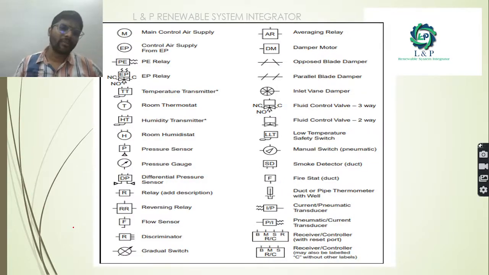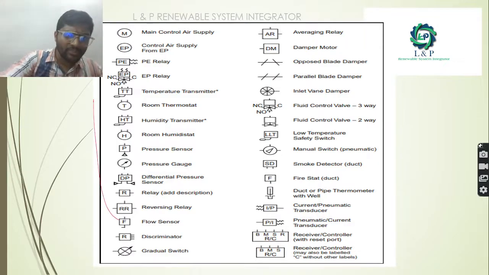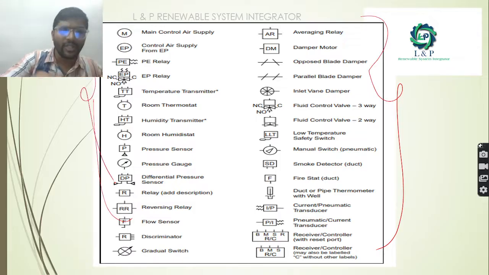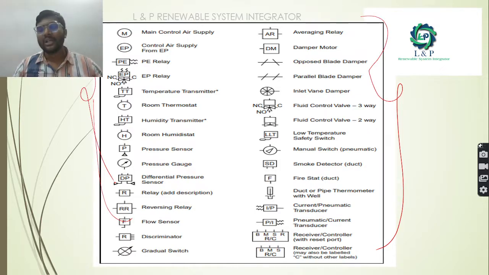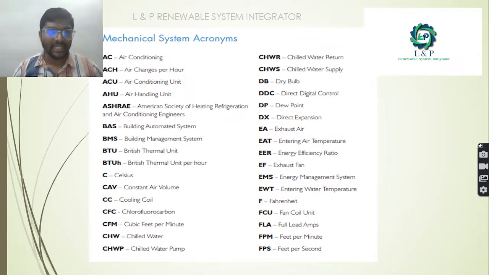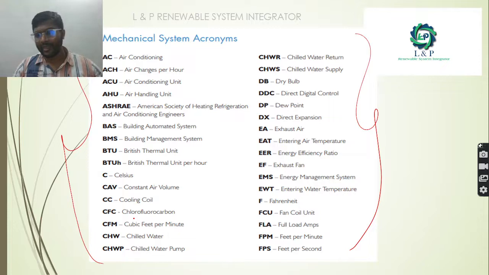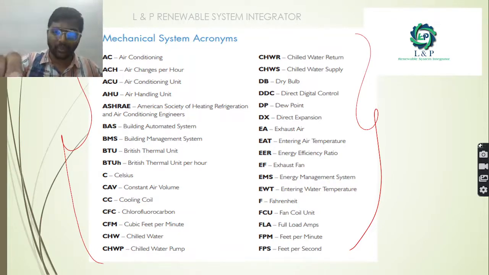In our discussions we might be using many symbols and short forms, so if you have any doubt, kindly refer to this part of the video so that it will be easy for you. We might be using many symbols and also many acronyms and short forms of the mechanical equipment.